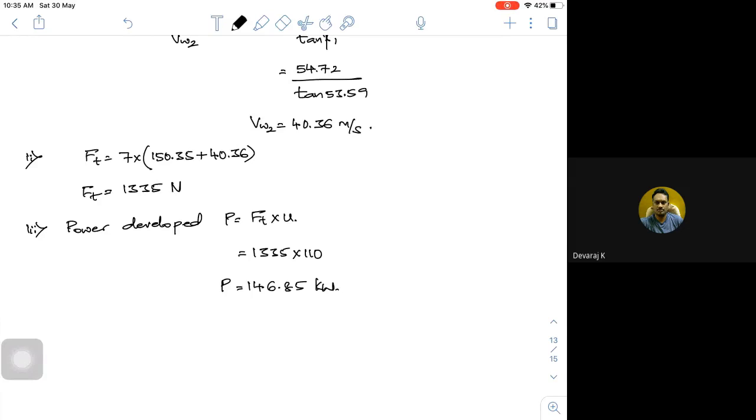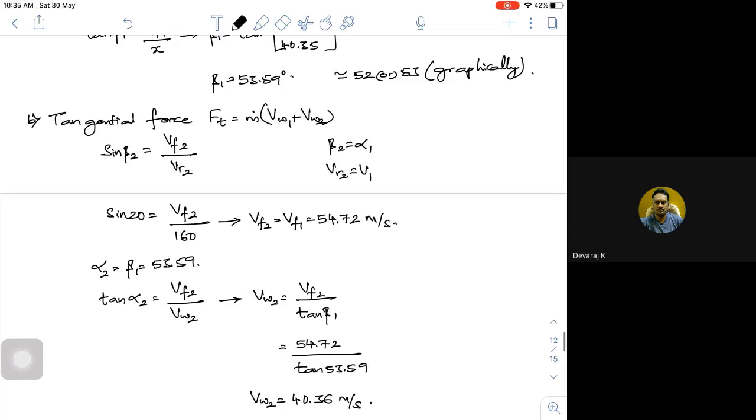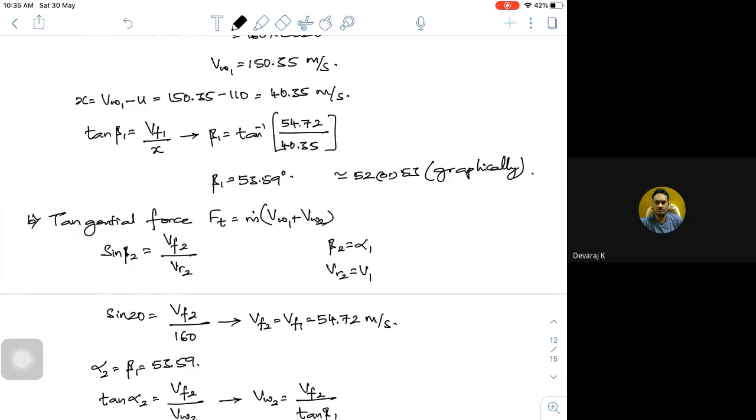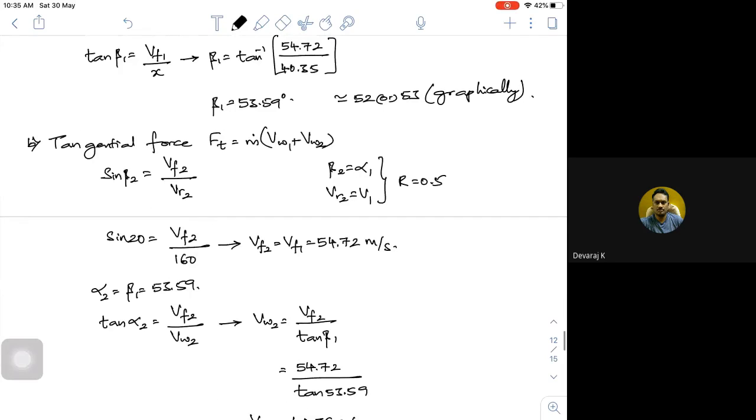I have found the tangential force and I have found the corresponding angles, that is beta 1. This is only for degree of reaction R equal to 0.5. This condition is valid for R equal to 0.5.